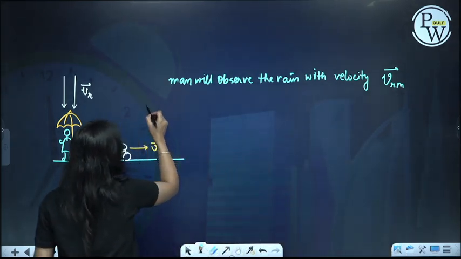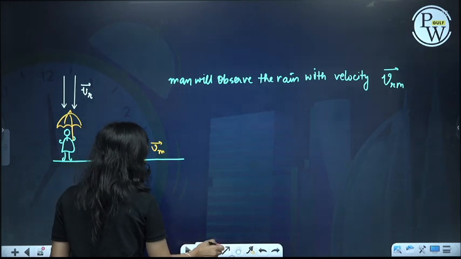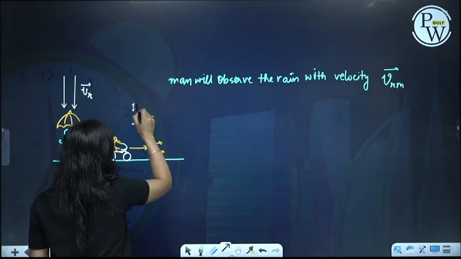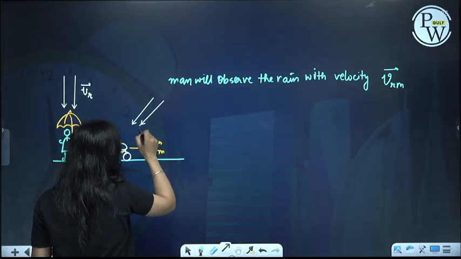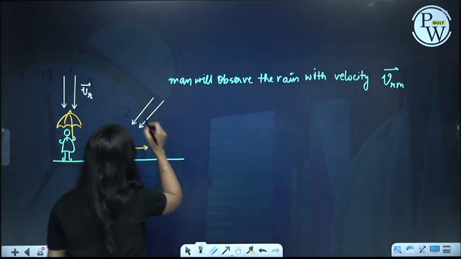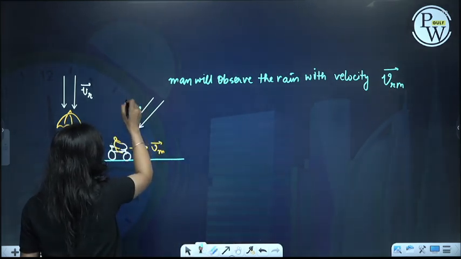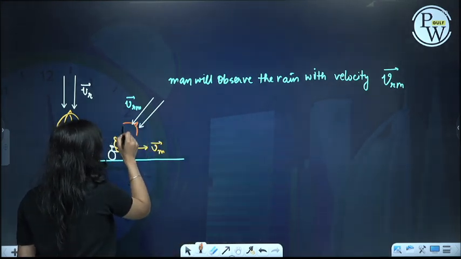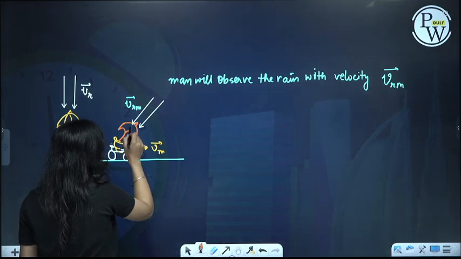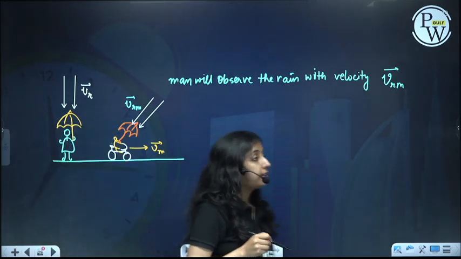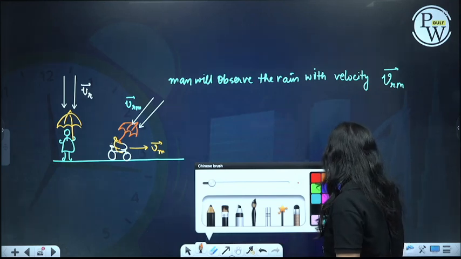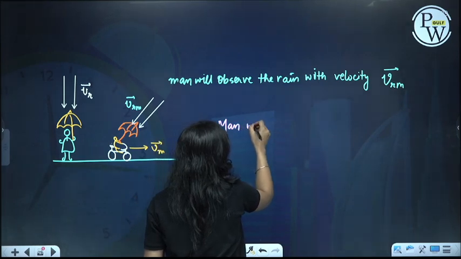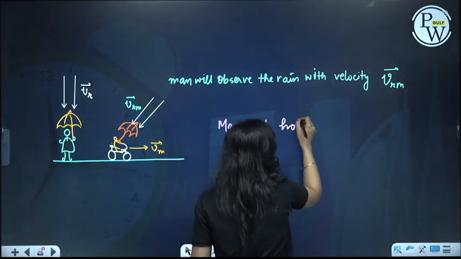So if this is the direction of vrm, if this is my direction of velocity of rain with respect to man, then this man will hold the umbrella in this direction. So in which direction will the man hold the umbrella?